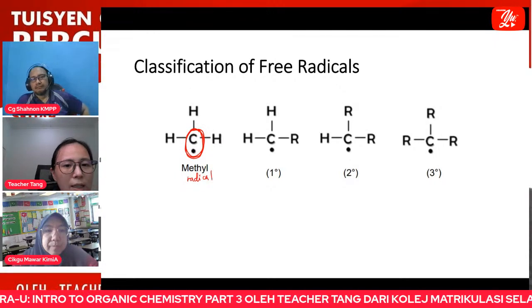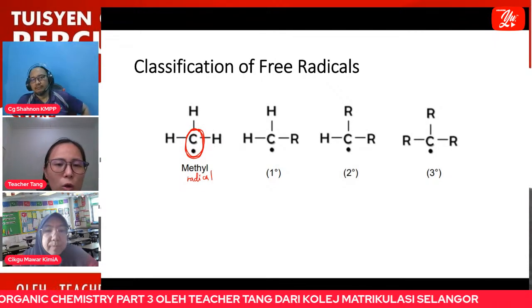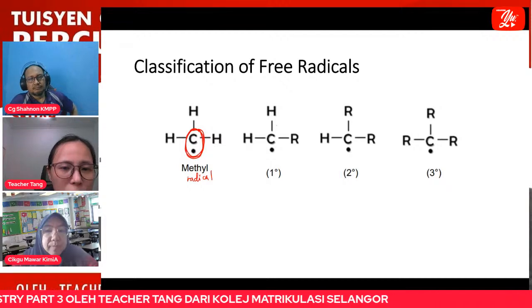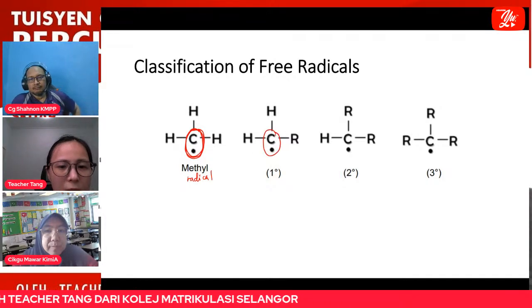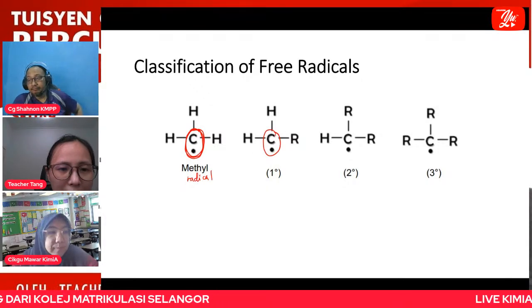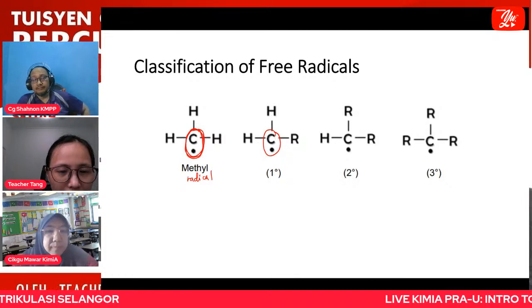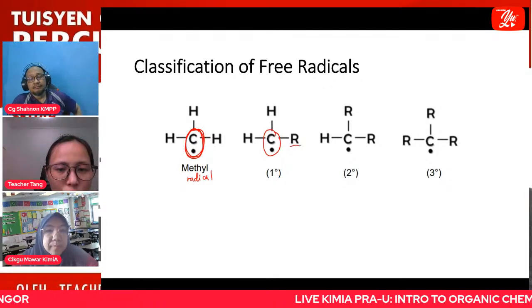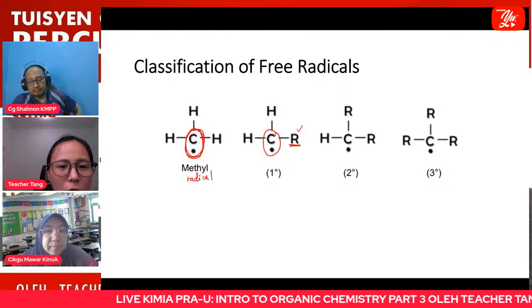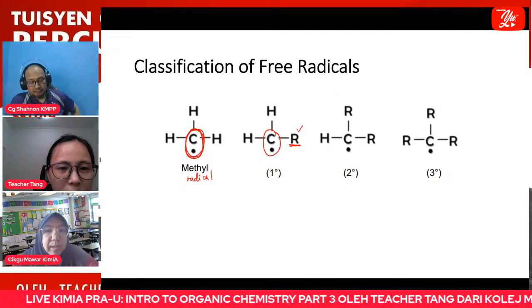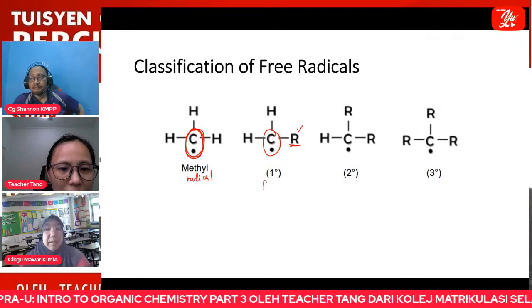Okay, methyl radical. How about the second species here? Circle the reference carbon. Can you see that this reference carbon with the unpaired electron is attached to one alkyl group? If attached to one alkyl group, this is a primary free radical.